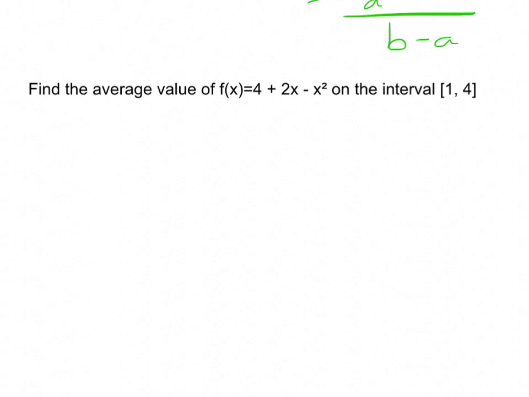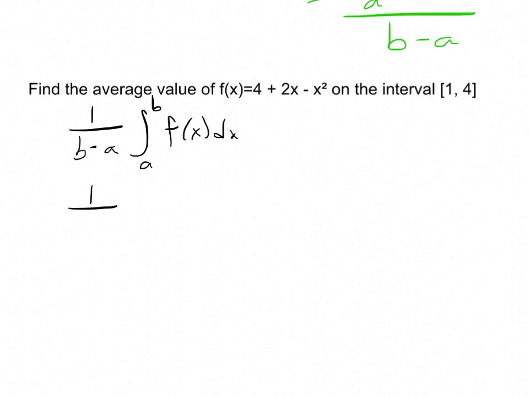So we want to find the average value of this function 4 plus 2x minus x squared on the interval from 1 to 4. So based on the formula that we just got up above, we need to do 1 over b minus a times the integral from a to b of f of x dx. So really this is just a matter of plugging stuff in.